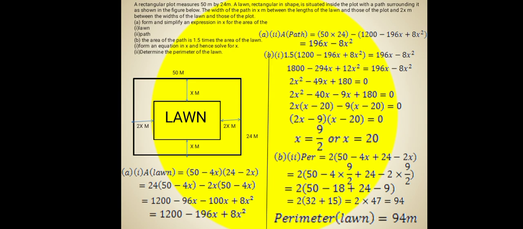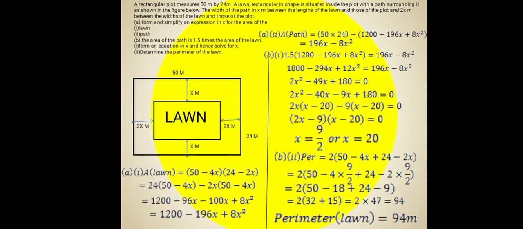Now you can see the equation for the area of the lawn will be (50 minus 4x) multiplied by (24 minus 2x), and then simplifying, it becomes 1200 minus 196x plus 8x squared.